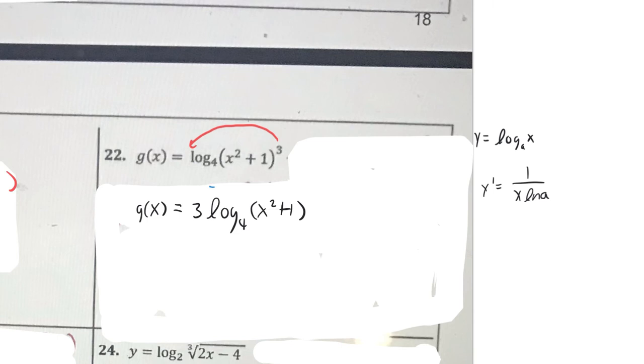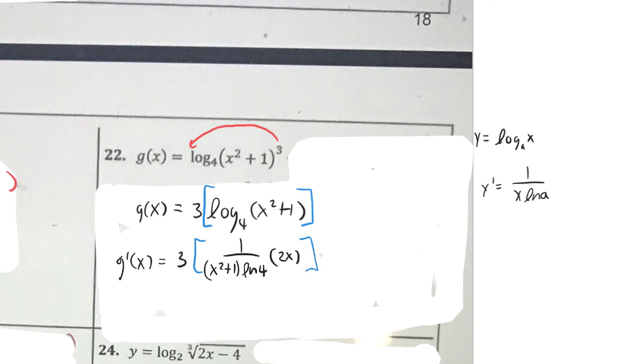Now what I would prefer to do is just keep the 3 on the outside and just find the derivative of this, and that should give you the answer. So if we were to do it that way, it would be g prime of x is equal to 3 times, let's see, we have 1 over x squared plus 1 times ln of 4 in this case, and that's going to be times the derivative of x squared plus 1, which is just 2x, right?